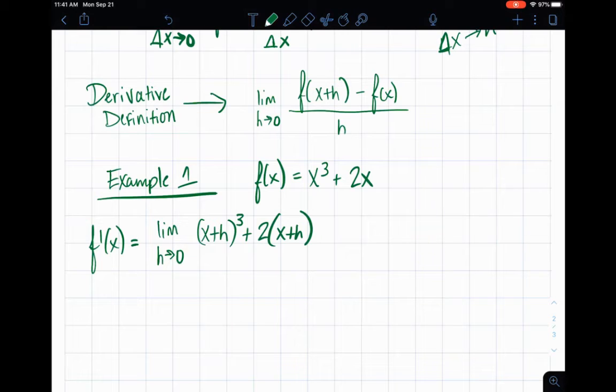Everybody understand that part so far? You're taking that x plus h and plugging it in for x. Then it's minus f of x, so minus just whatever the function is, x cubed plus 2x, all over h.